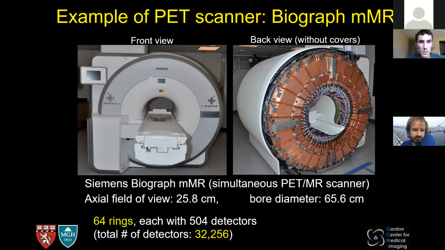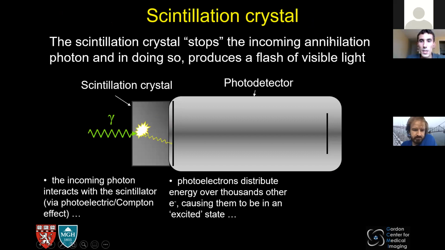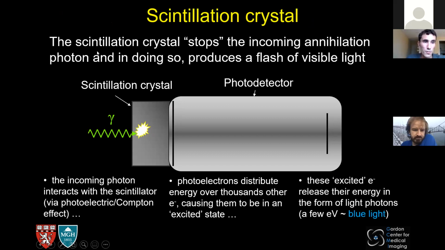And now let's talk more about the detectors that are used in those scanners. So it has 2 components, as I was saying. So one is a scintillation crystal. The role of the scintillation crystal is to stop those incoming high energy annihilation photons, so 511 keV, and in doing so to produce a flash of visible light, okay? So those high energy photons are going to interact with the crystal via photoelectric or Compton interaction.